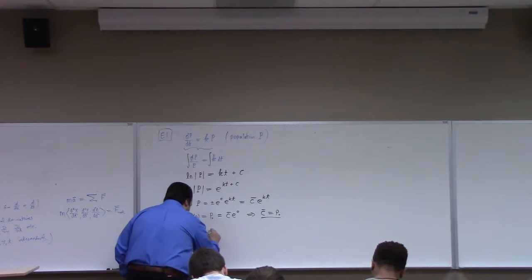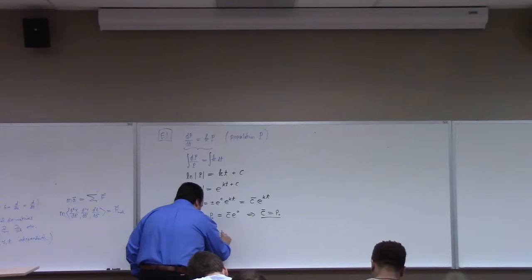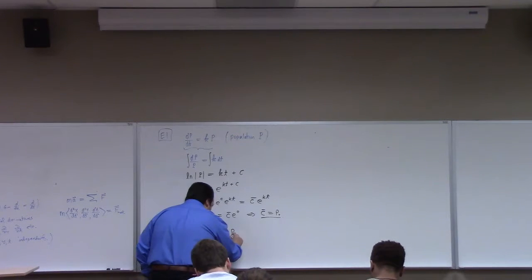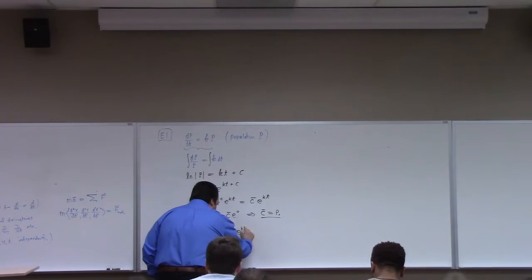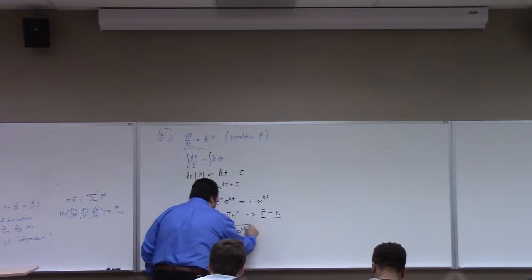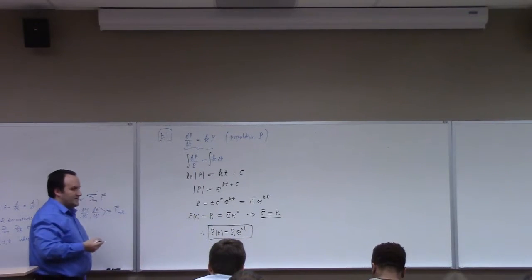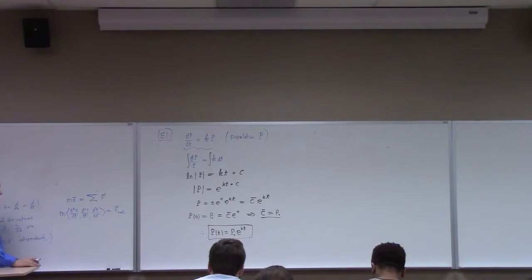So therefore, population at time t is just equal to the initial population times e to the kt. There you go. This is the so-called exponential population growth. It is simple to derive with separation of variables.